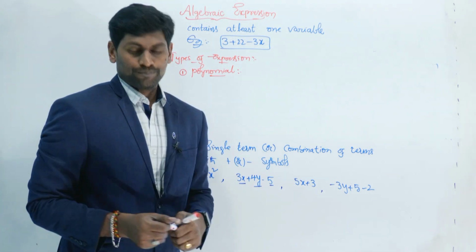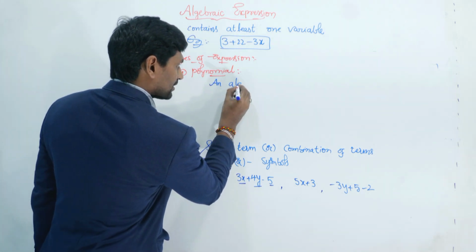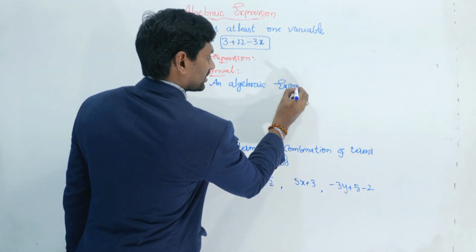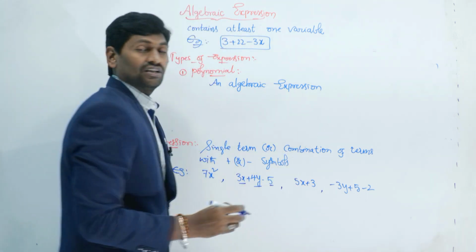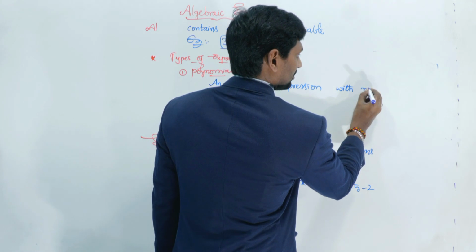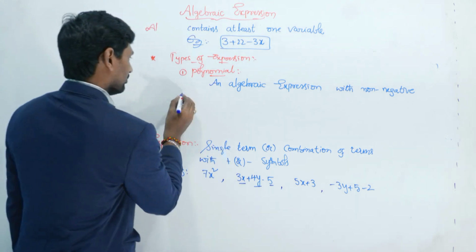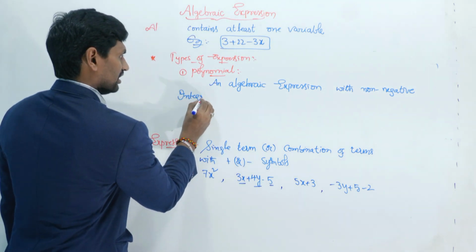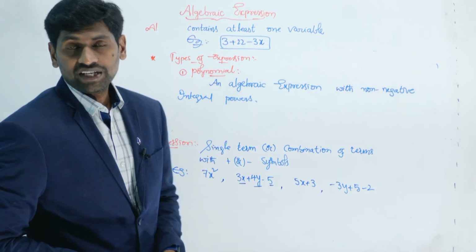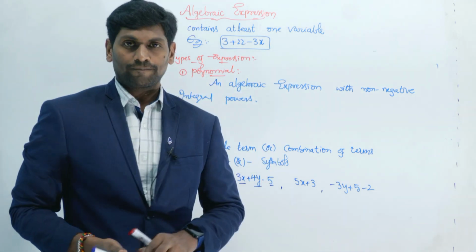Now, polynomial. A polynomial is an algebraic expression with non-negative integral powers. An algebraic expression with non-negative integral powers is called a polynomial.